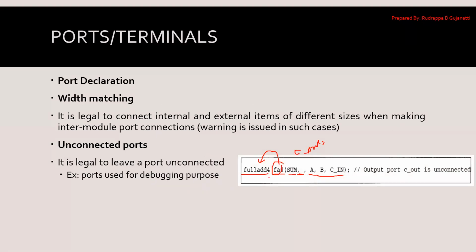In this FA0, which is an instance of this full adder 4, sum and C out are not connected, only A, B, and C in. So it is okay to do so. Only the other parameters will be utilized.